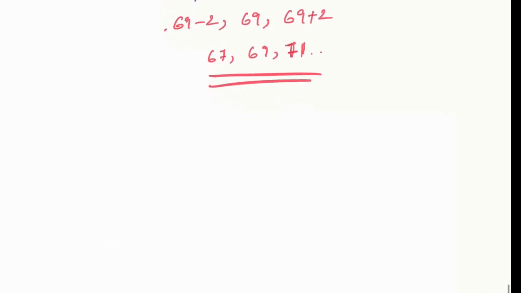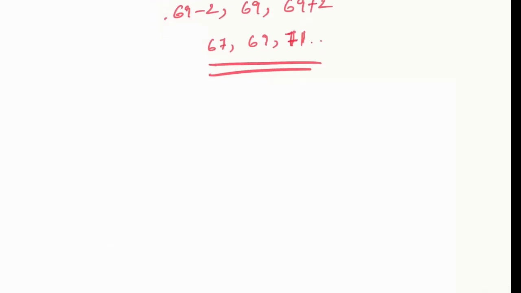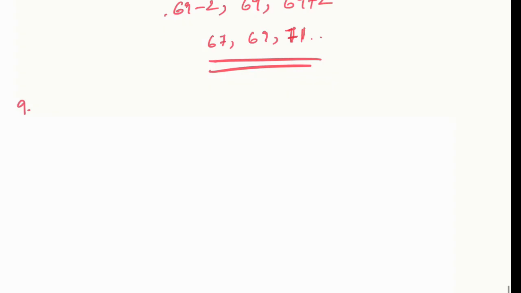Okay. Now let us do the 9th question. It's something different. Insert one arithmetic mean between 3 and 13. So how do we insert an arithmetic mean between 3 and 13? Okay.